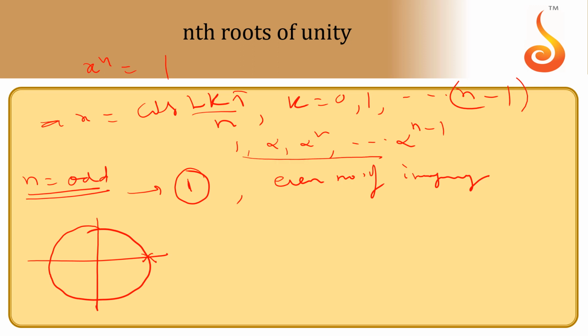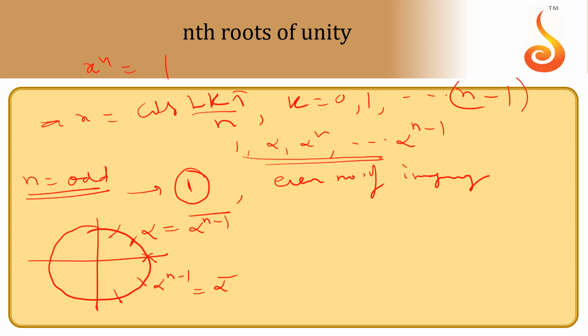They are in GP, their amplitudes are in AP, all common features will be there. Then suppose alpha is here, exactly its conjugate alpha power n minus 1 will be there. This is nothing but alpha bar, and this is nothing but alpha power n minus 1 bar. So similarly alpha square, here alpha power n minus 2.